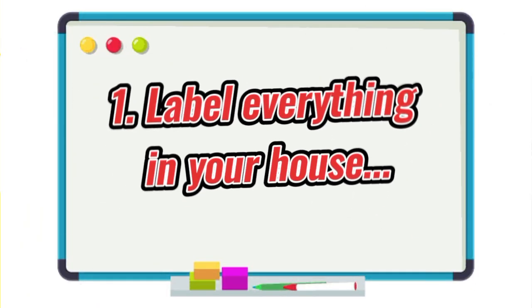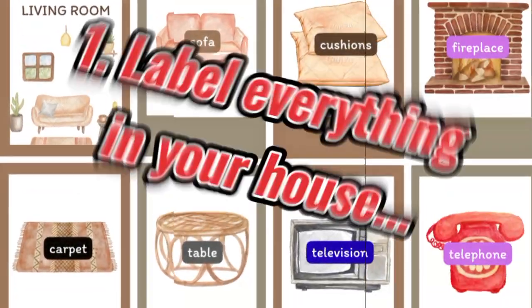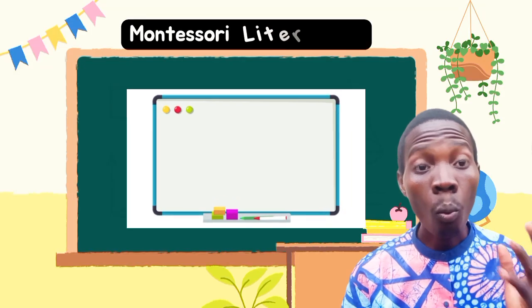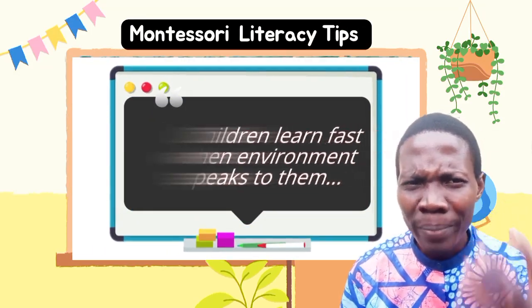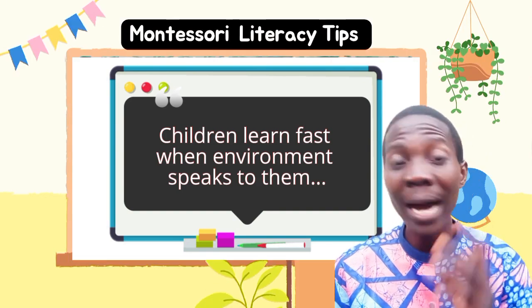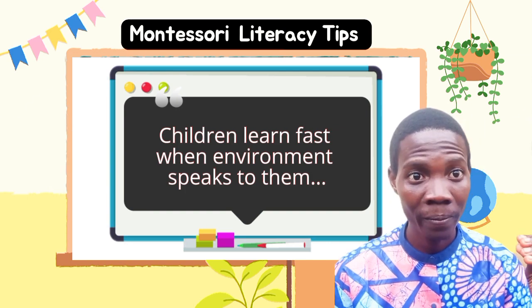Label everything in your house that serves as the environment of your learner or your child. Take your time to do this. Chairs, cups, doors, toys, and more. Why? Simply because children learn fast when the environment speaks to them.